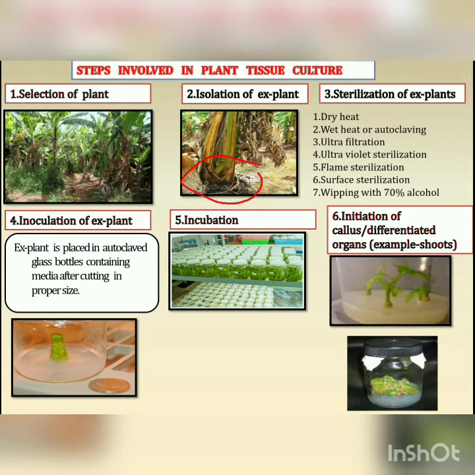Now incubation. As you can see in the image, there are growth rooms with proper light and proper temperature control, and there are stands already built where we put our bottles for some days.